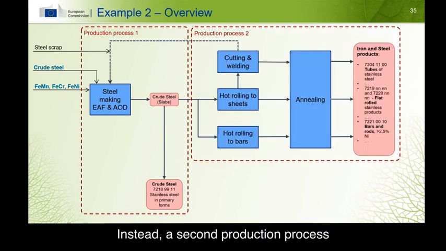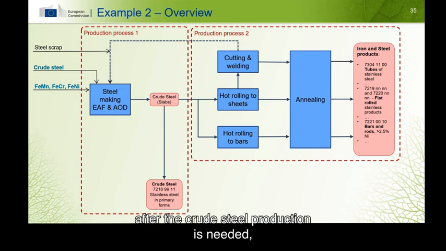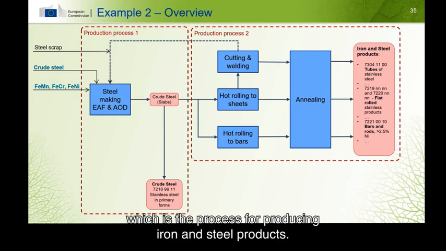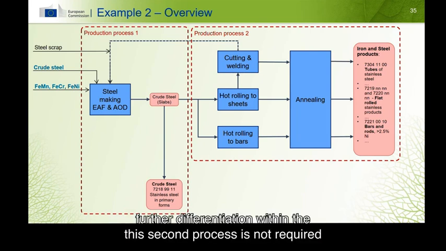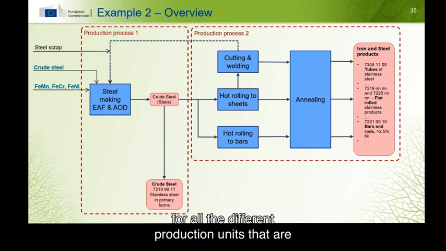Instead, a second production process after the crude steel production is needed, which is the process for producing iron and steel products. Like in the first example, further differentiation within this second process is not required for all the different production units that are covered by this process.